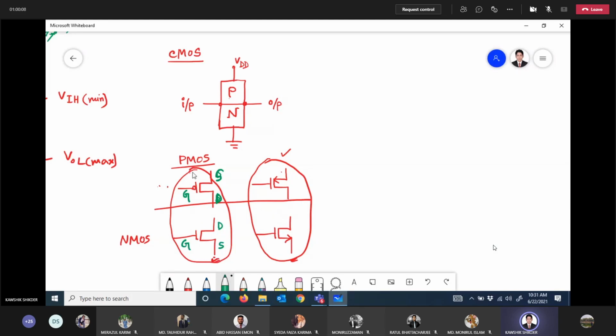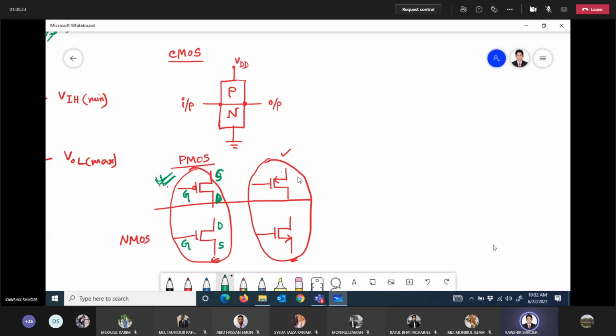So have you noticed the difference between these two symbols? There is a bubble at the gate terminal for PMOS, but there is no bubble at the gate terminal of NMOS. I prefer to use this set of symbols, PMOS and NMOS with bubble and without bubble.